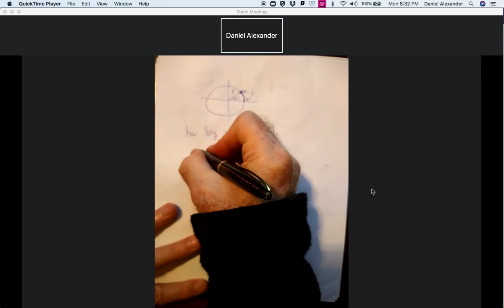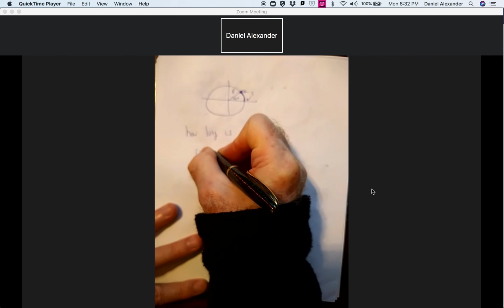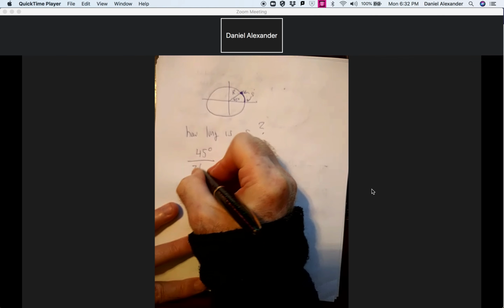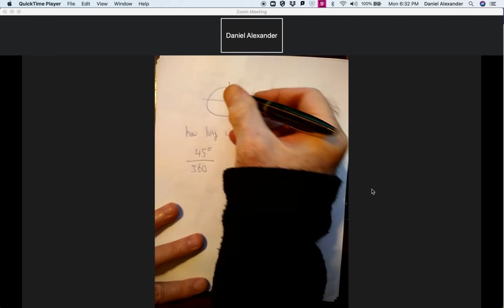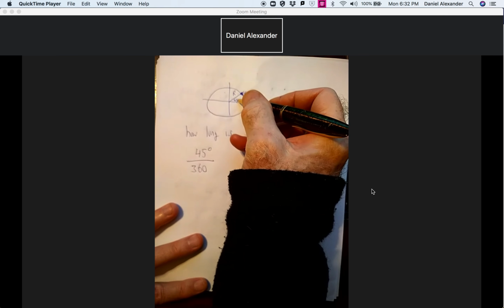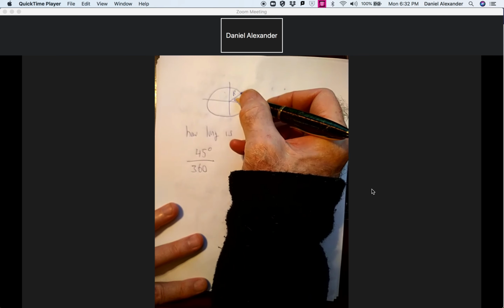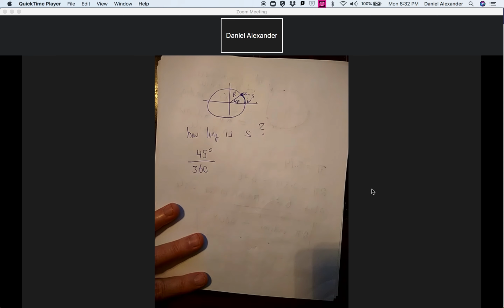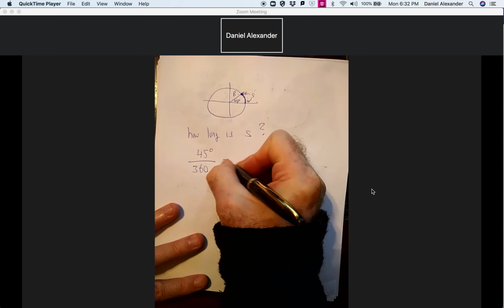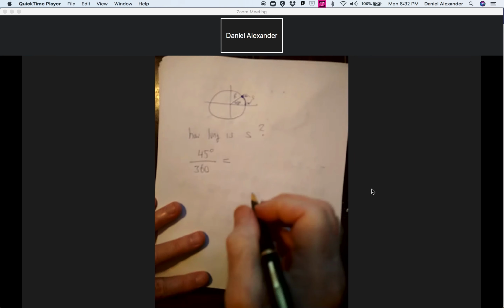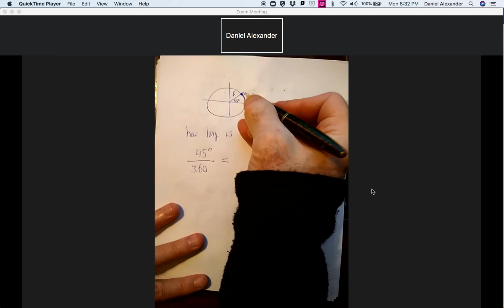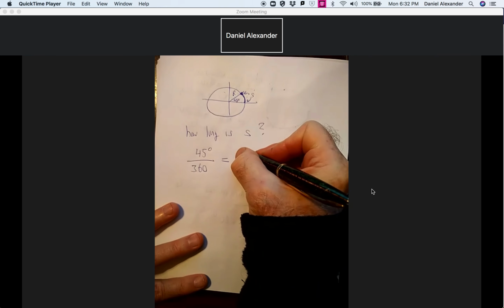But what I do know is that 45 degrees over 360 is going to be 1/8, because that's half of 90 degrees. So there are going to be 8 angles of 45 degrees. That's 1/8 of the circle, and the arc only goes 1/8 of the way around the circle. So we're going to have this proportion.